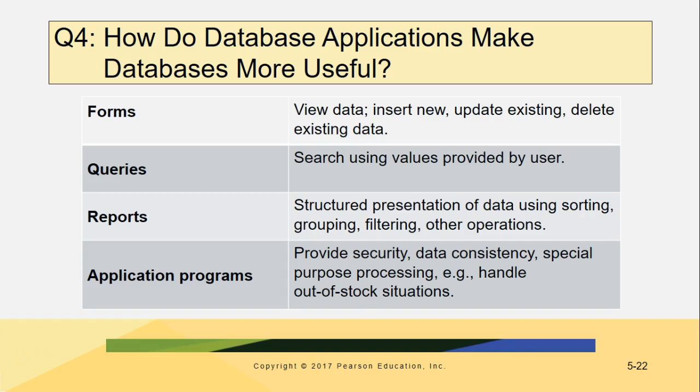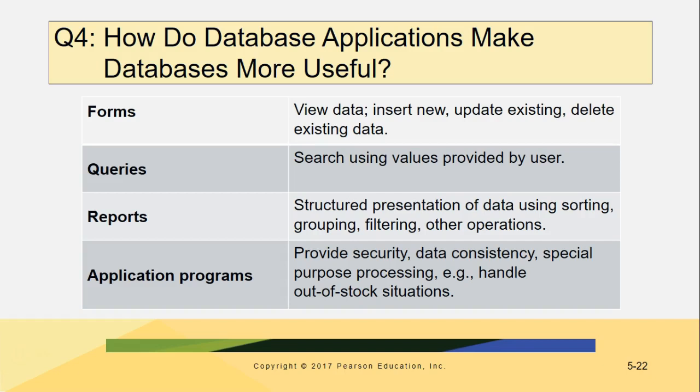When we looked at our data natively in the database, it just looked like a spreadsheet. But remember, we developed a form that showed it to us in a format that made it easier for us to view it and also easier for us to update it and delete it. Queries. Querying, once again, is a way to search the database tables looking for certain criteria.